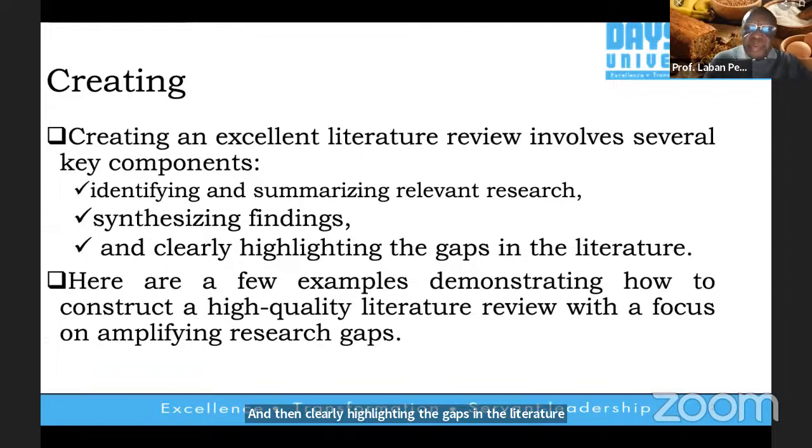I just want to show you how to amplify these research gaps. The takeaway from today's seminar is that we read these articles because we are searching for a gap. Once we have established the gap, we will do the study to overcome that gap or limitation.